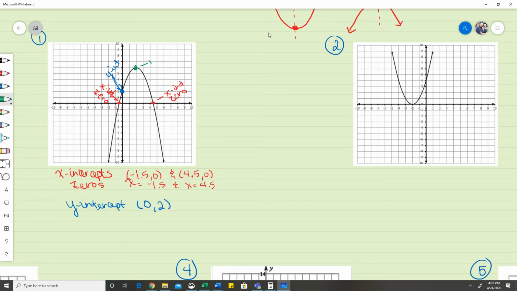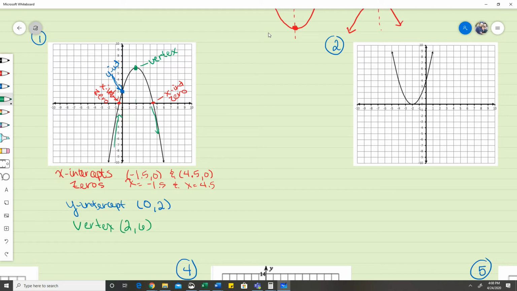Here's our vertex. This is where it changes direction, because originally it's going up. It gets to our vertex and then it starts going down. Okay. So our vertex, that point where it changes direction, is at 2, 6.